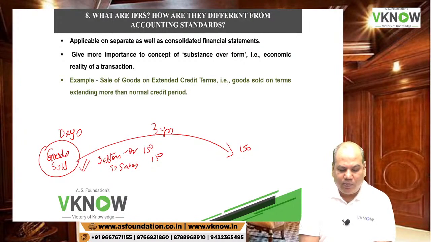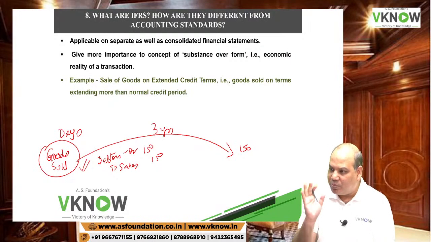This is what has been taught to us in my 11th standard accounts classes. My teacher Charanjit told me debtors account debit to sales account. Is it right? I said he's paying after 3 years. He said don't bother, the invoice says 150. I said no, there is a time element also.